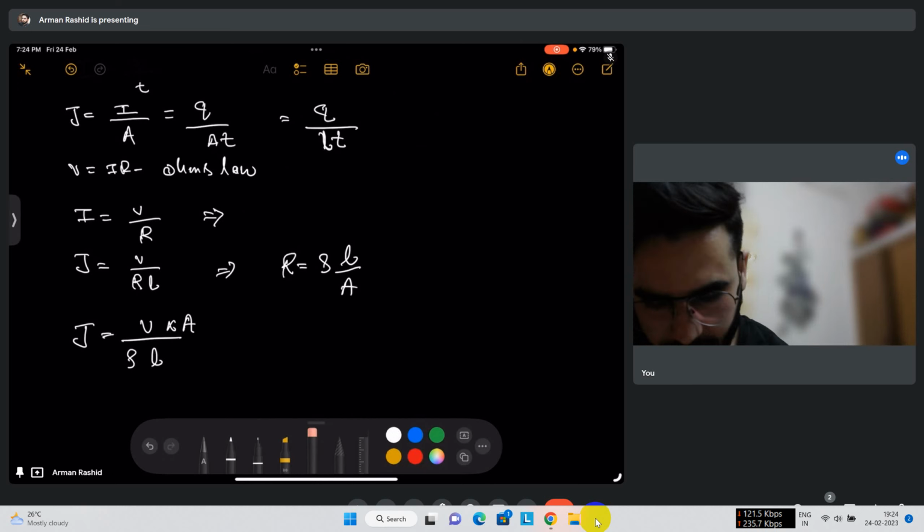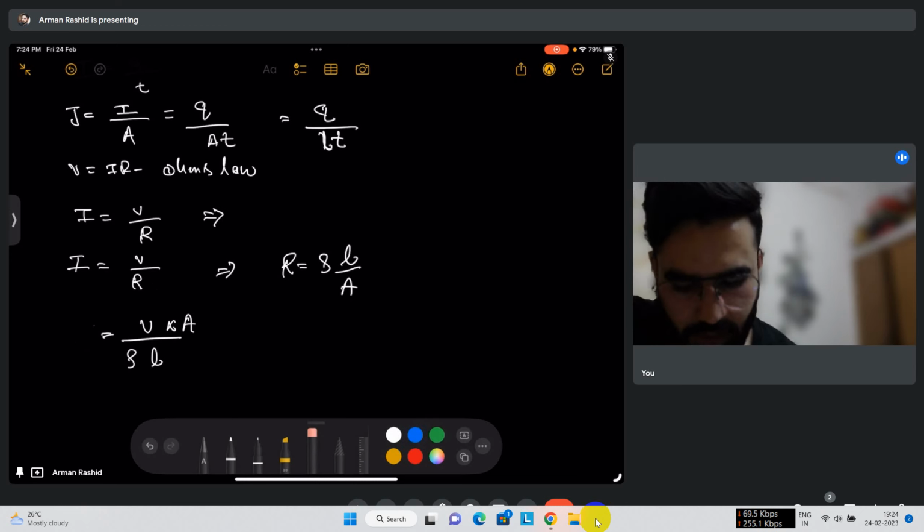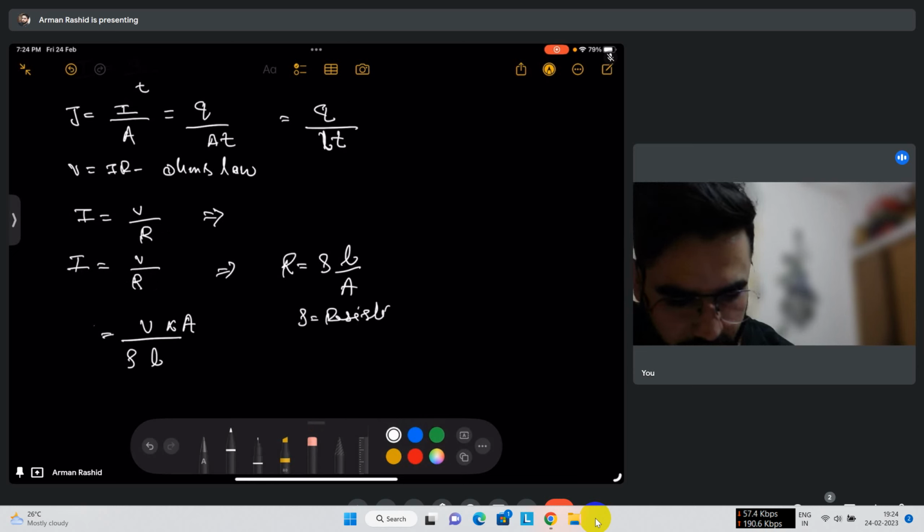Now what we can do is, we'll not take it as J, we'll take it as I. So I is equivalent to V by R. Now we have to determine the value of R. R is equivalent to this, where this is called resistivity and R is resistance.